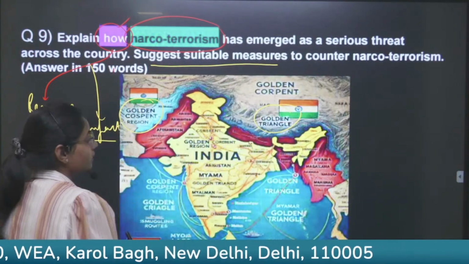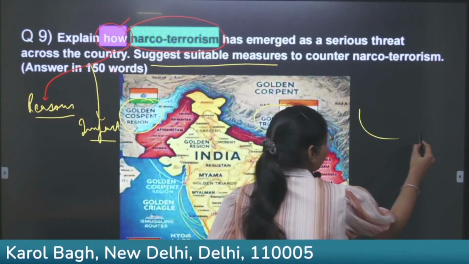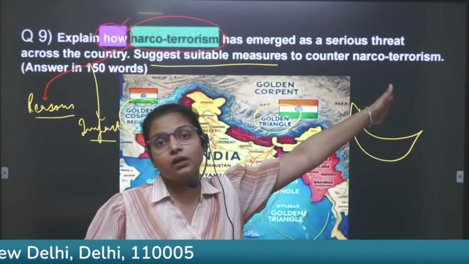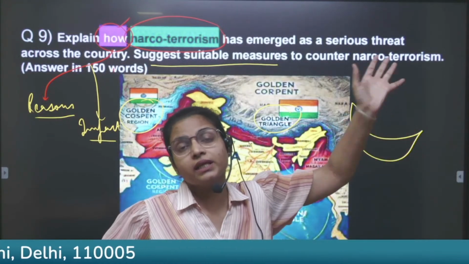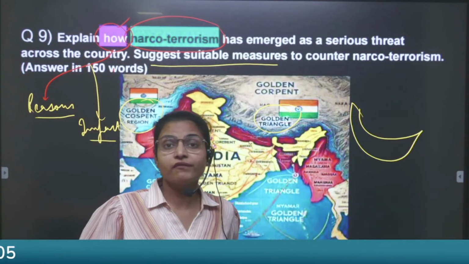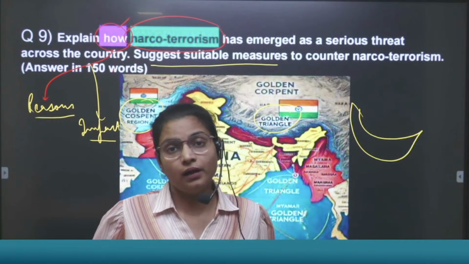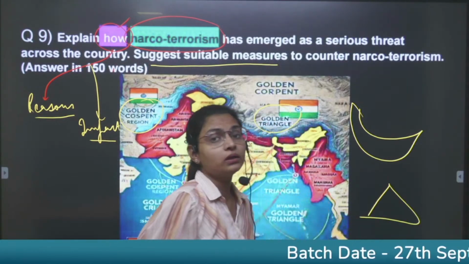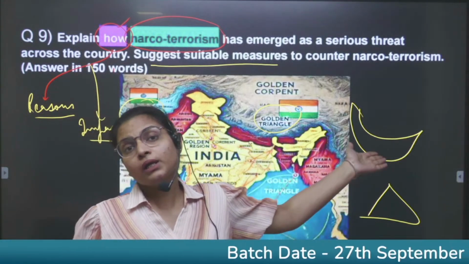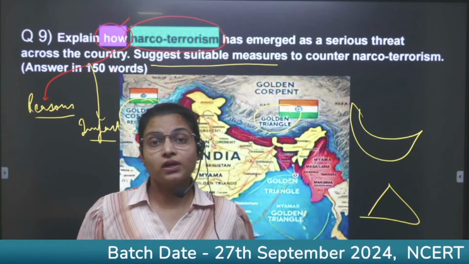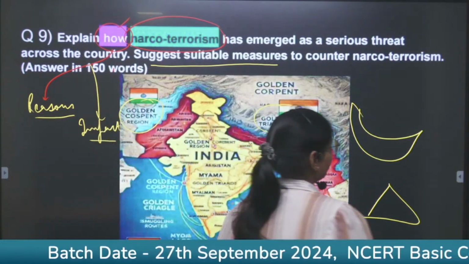In the Golden Crescent, 3 countries are neighbouring India, with which we have a drug trafficking problem: Afghanistan, Pakistan and Iran. On the eastern side we have the Golden Triangle, that is Myanmar, Laos and Thailand, due to which the drug trafficking problem continues.